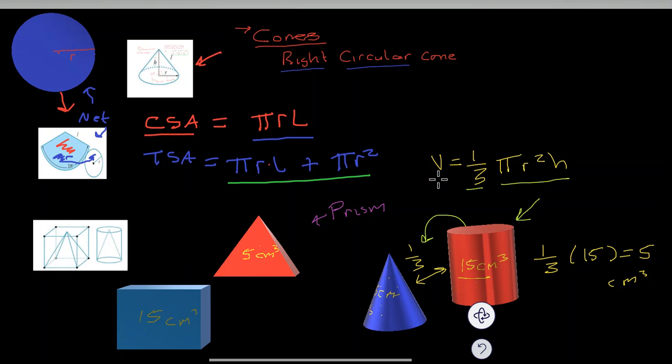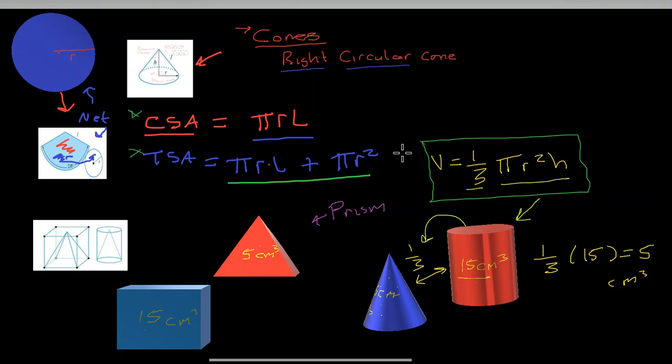So that's the principle here. So this is the formula then. This is the other formula that you need to know. You need to know how to use it. It's how you work out the volume of a cone. So there are three formulas. So you have the curved surface area, the total surface area, and then the volume of a cone.